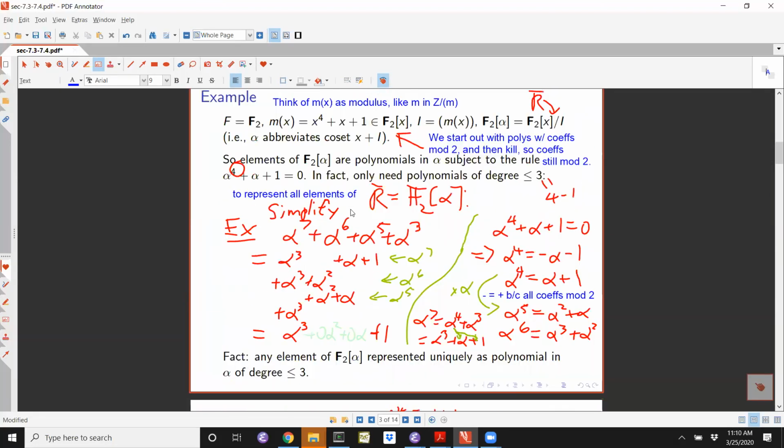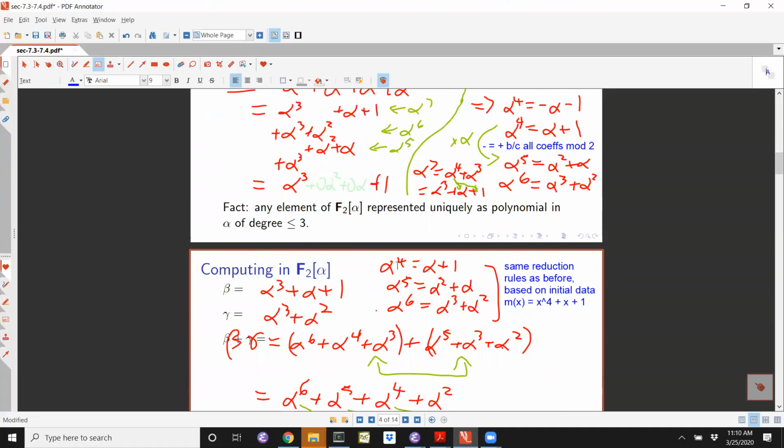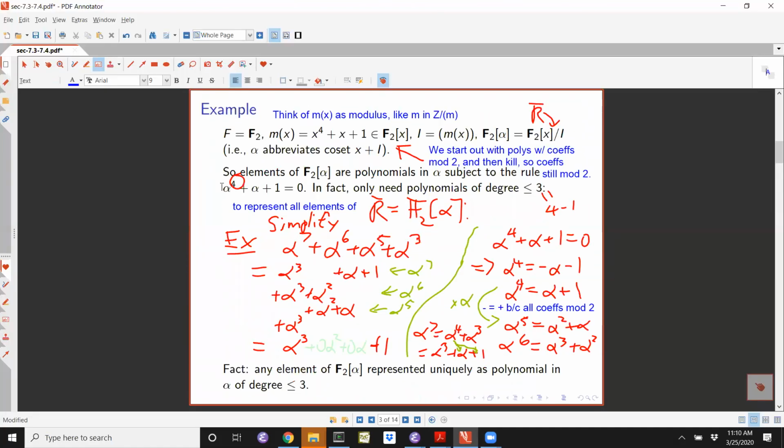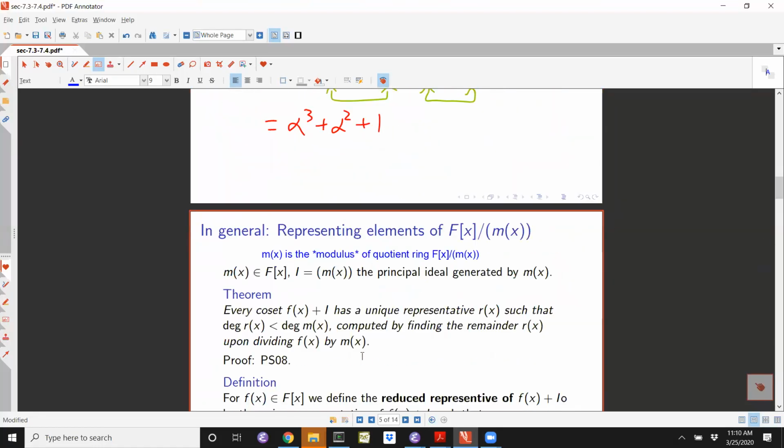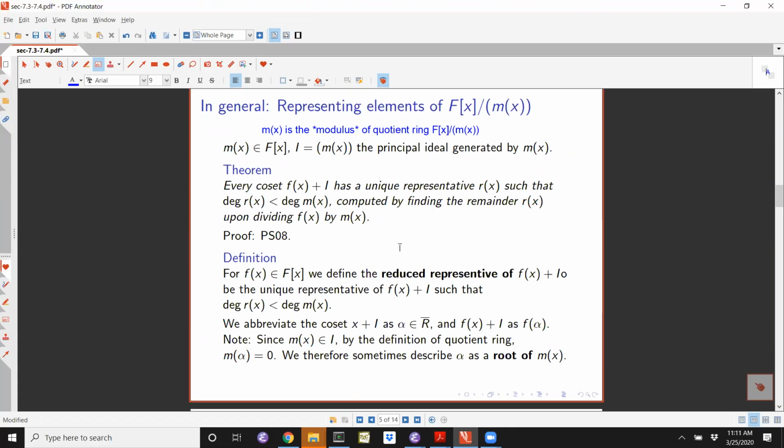So that's the general statement of what happens up here. Just as up here, our modulus had degree 4, and we were able to reduce everything to degree less than or equal to 3, this is saying that whatever your degree is, you can reduce everything to a polynomial of degree strictly less than the degree of the modulus. And so we call that the coset representative.